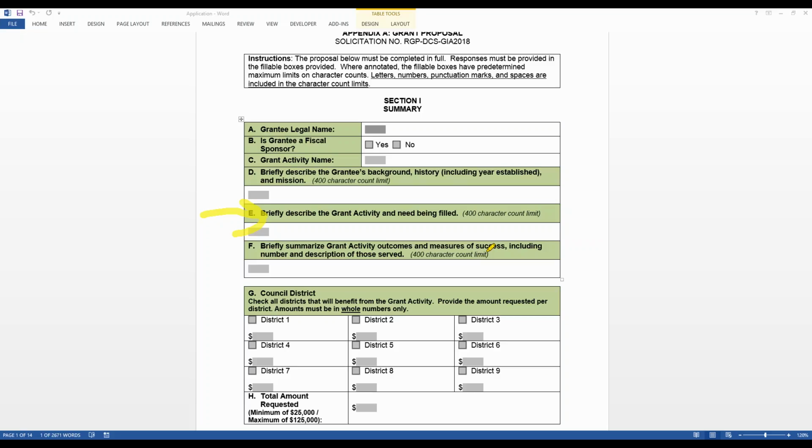So it's very important that you do a very realistic projection of what the outcomes are, and try to look at your historical data and see what the pattern has been in the past, or what your outcomes were. Let's say, I'll give you an example, one organization's capacity is to serve 100 people a month.